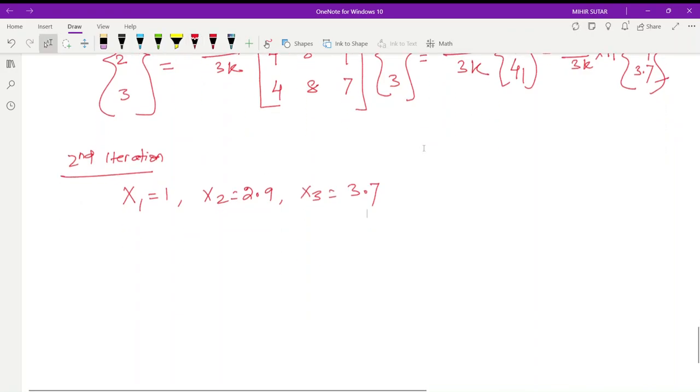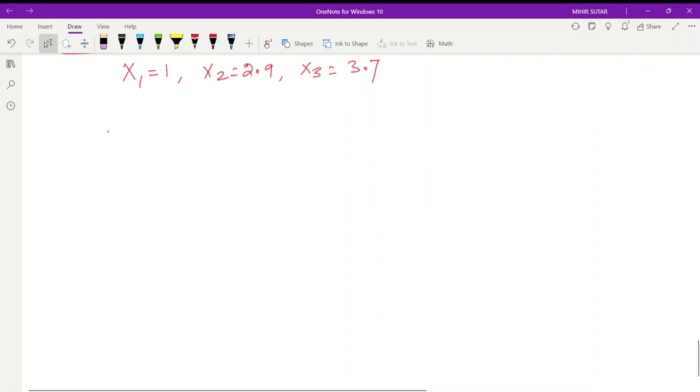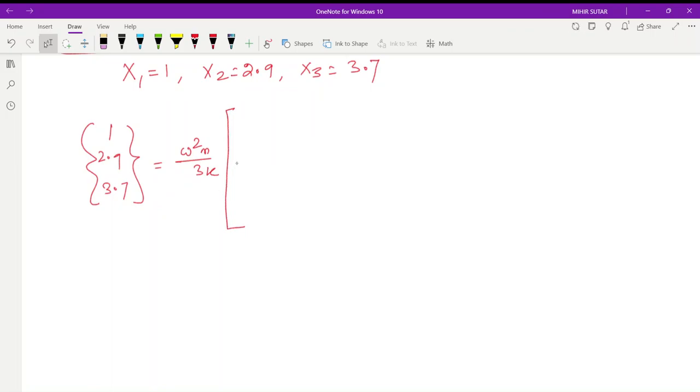So our equation will be 1, 2.9, 3.7 is equal to omega square m by 3k into 4, 4, 4, 2, 8, 8, 1, 4, 7 into 1, 2.9, 3.7.